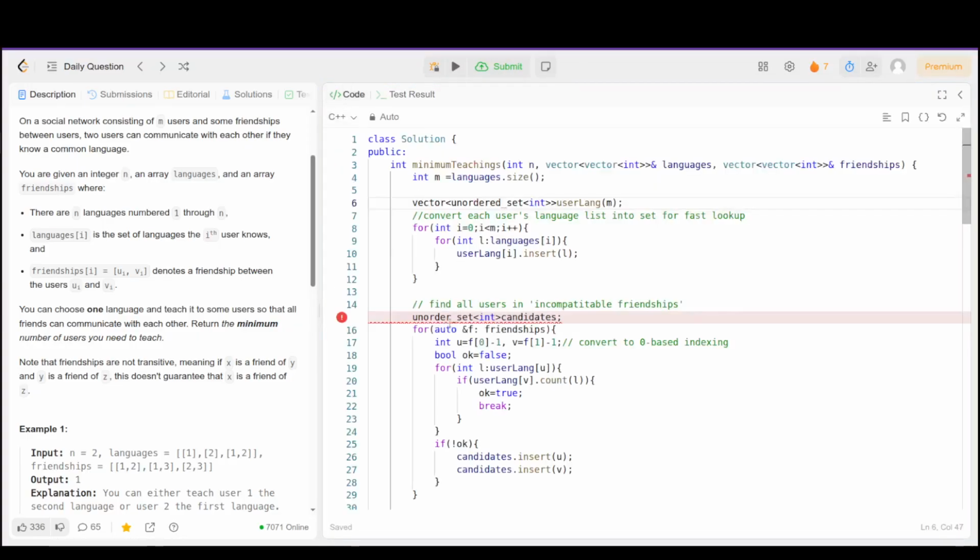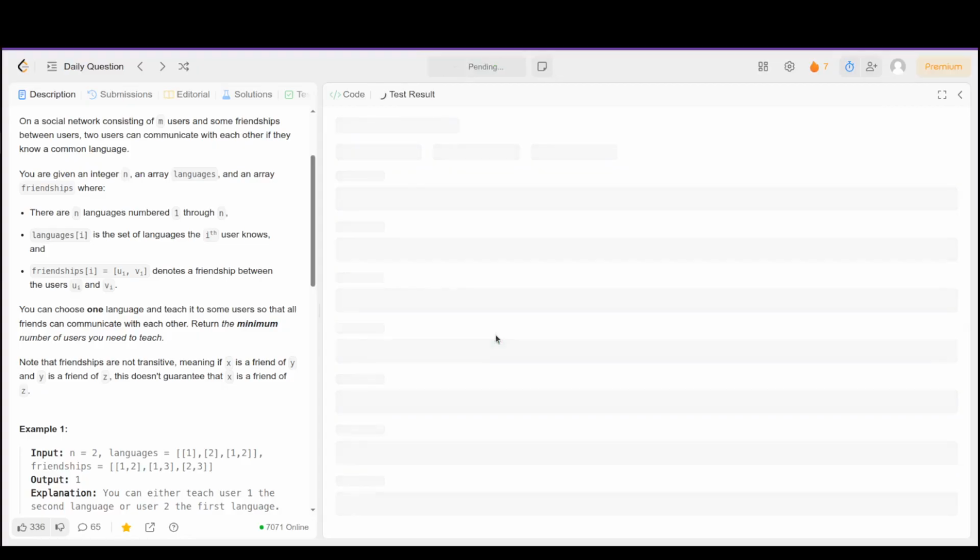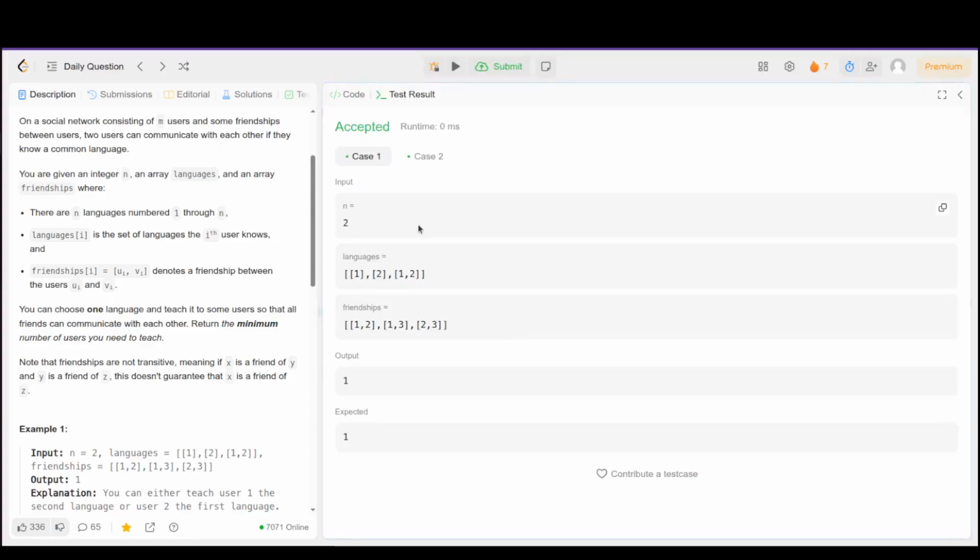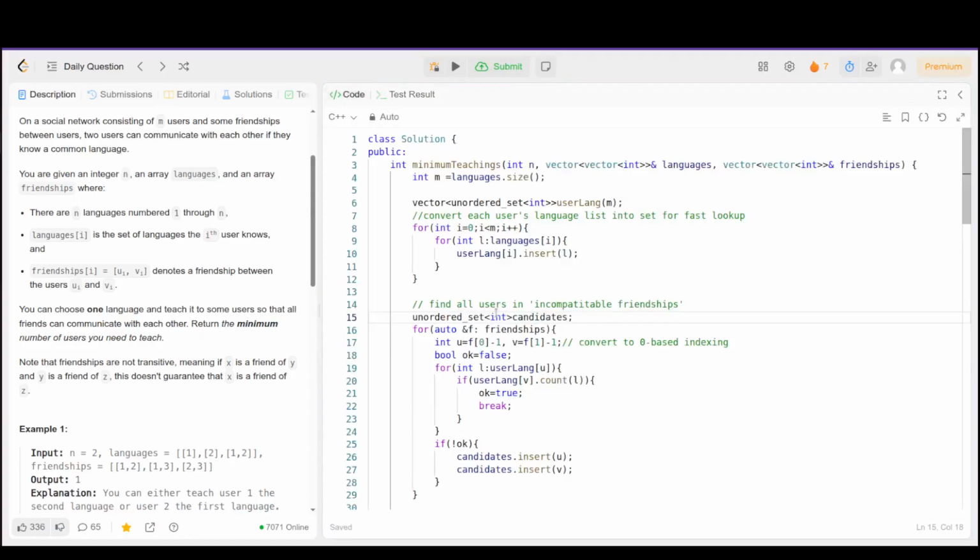Okay, spelling mistake. Yeah, it's accepted for the sample test case.